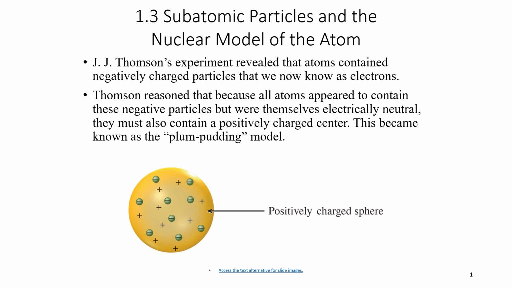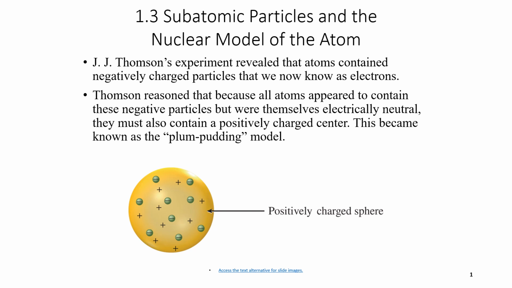And later on, we know that those particles were found, and they were called protons. Thomson proposed a model for the atom, which he called the plum pudding. In the US, we don't really have plum pudding as a dessert. Nobody that I know has ever had plum pudding, but we do have chocolate chip cookies, and it is very similar.